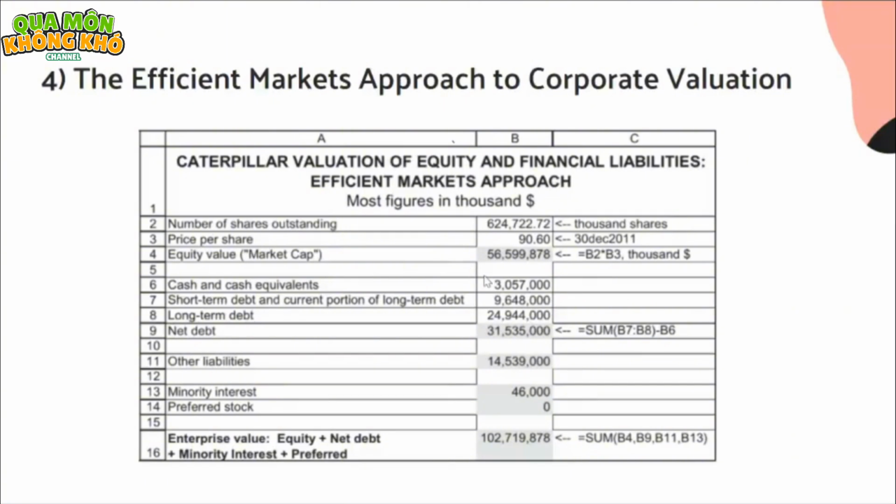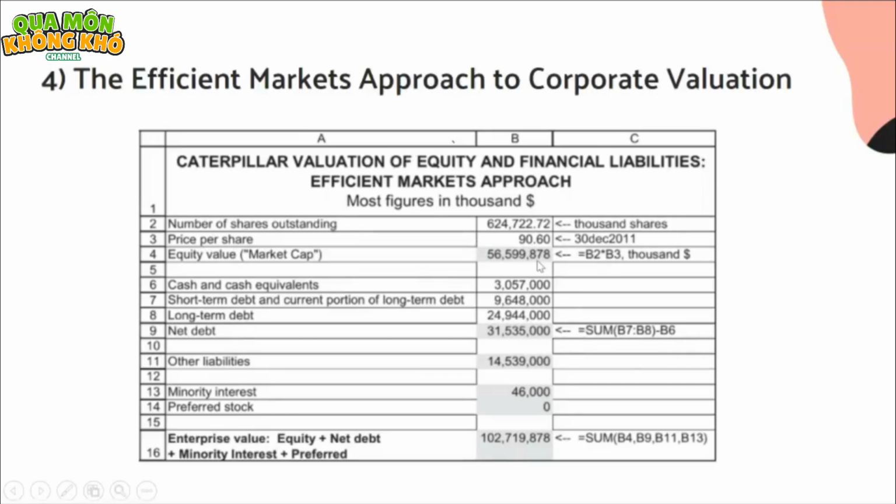At the end of 2011, Caterpillar had 624.622 million shares outstanding, and the market price per share was $90.16.